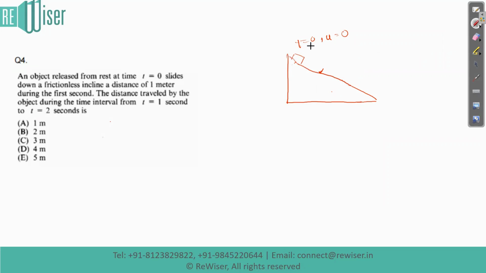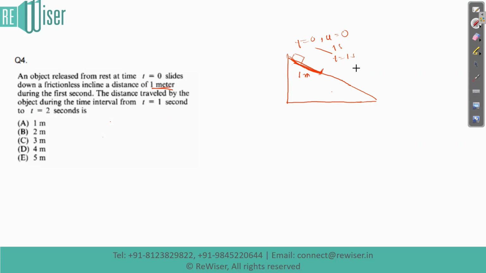In 1 second, t equal to 0 to t equal to 1 second, that means in 1 second interval, the object has moved some distance, maybe 1 meter. Yeah, they have mentioned it is 1 meter. So it has moved by 1 meter to somewhere here.